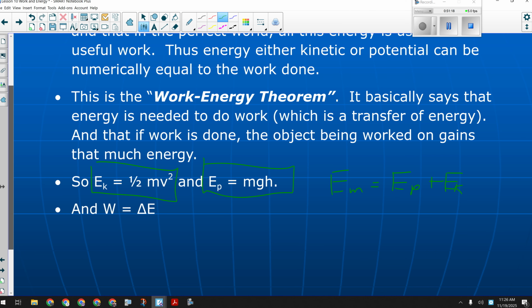If you double your speed, you have 4 times as much energy as before, because speed is squared in the formula. If you triple your speed, you have 9 times as much kinetic energy. It's something we don't always think about, but it's 100% true.